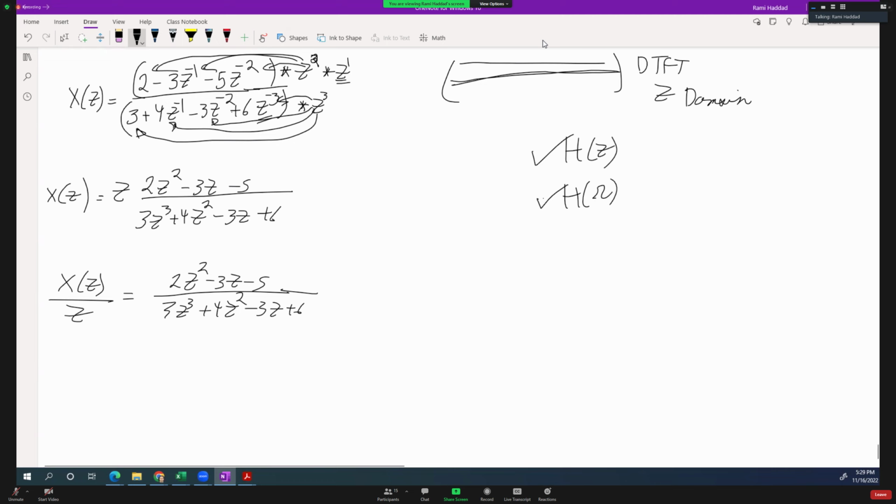You use the partial fraction expansion, and there are 3 different cases for that: either real and unique roots for the polynomial at the denominator, which are the poles of this function, or you have repeated roots, or you have complex roots. So that's basically the process that we usually go with.